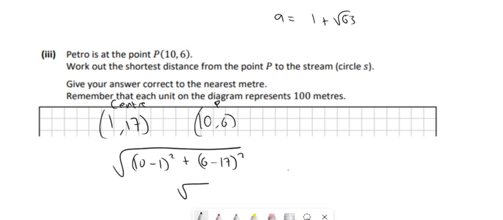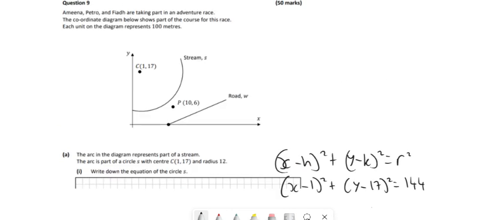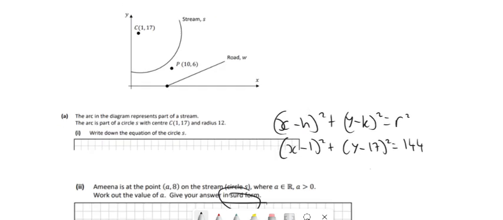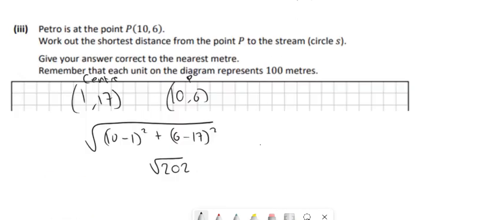And that gives us root 202 in the end, root 202. So like I said before, I'm going to take the radius of the circle and subtract it from that. So the radius of the circle, we said, told us in the first part, is 12. So I'm just going to do root 202 minus 12. That's the radius.